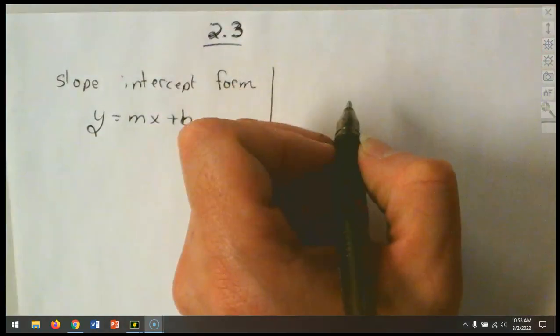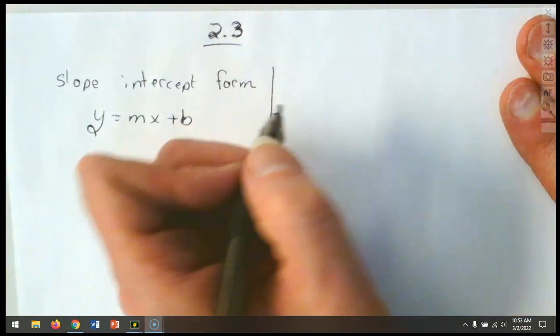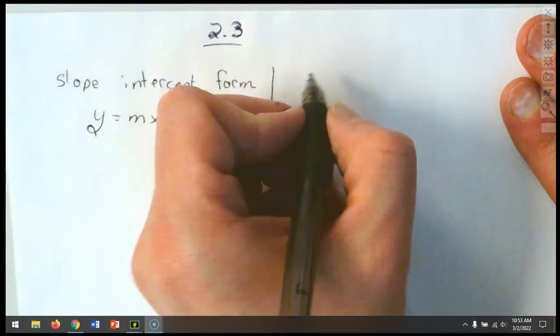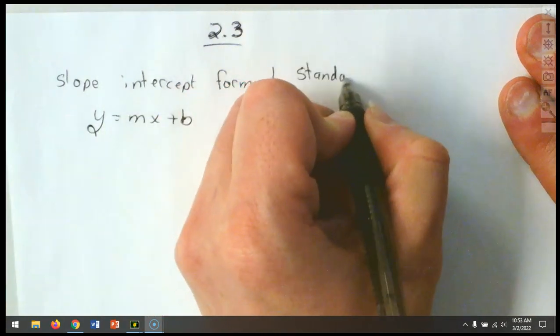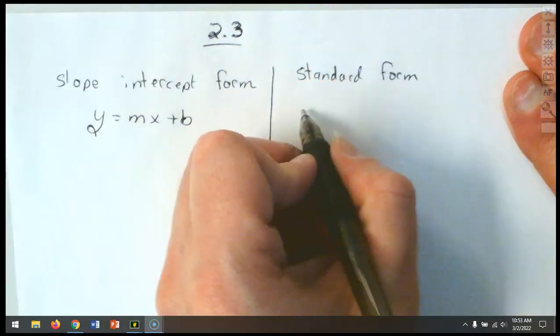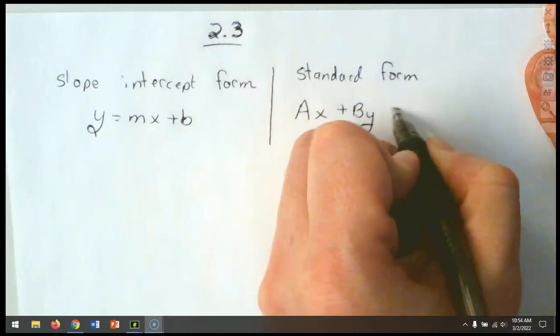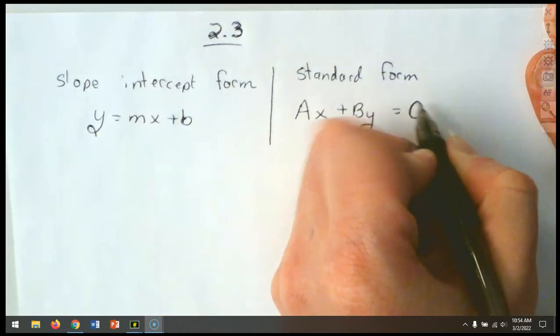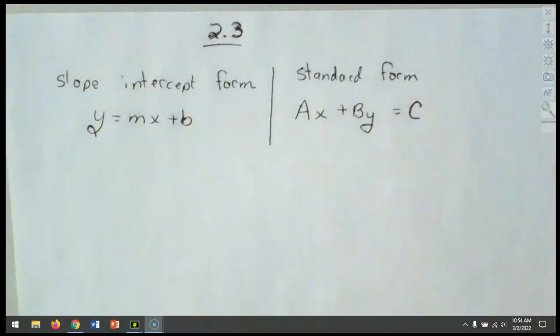The other one that we use once in a while, it's used more for systems of equations and in college algebra, is what's called standard form. In standard form, you've got ax plus by equals c. These are capital letters, and since they're capital letters, that means they have to be integers.